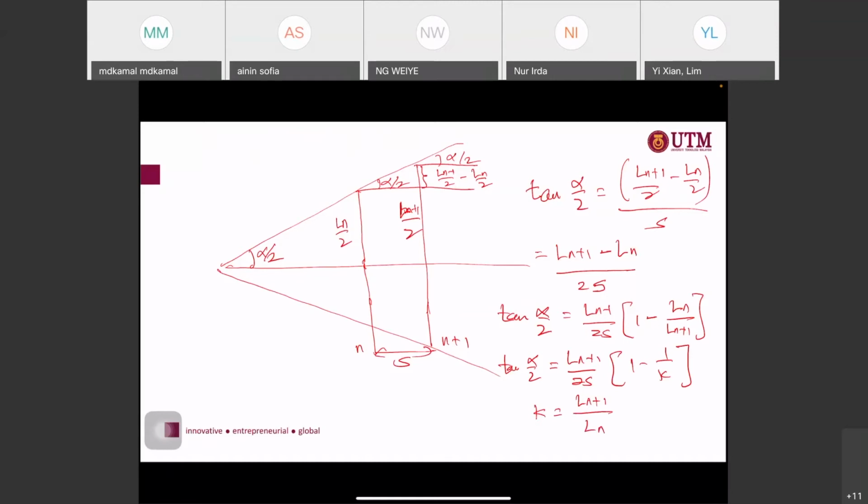So in the active region, we know that Ln plus 1 is actually lambda over 2.